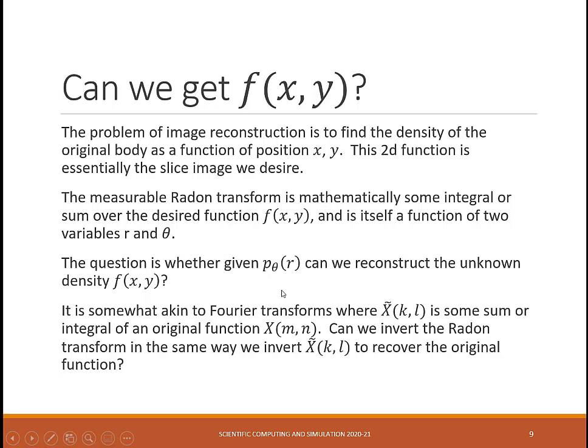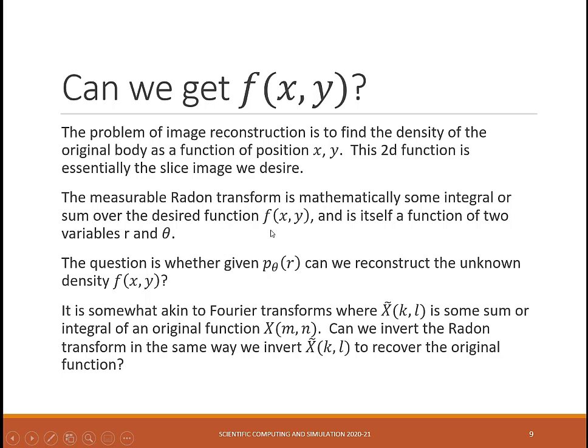In CT scanning, the problem of image reconstruction is to find the density of the original body as a function f(x, y). This 2D function is essentially a cross-sectional image that we are looking for.